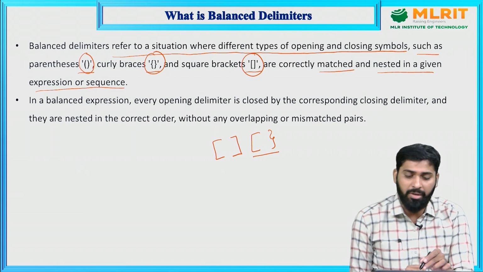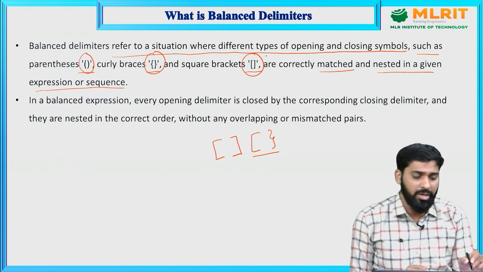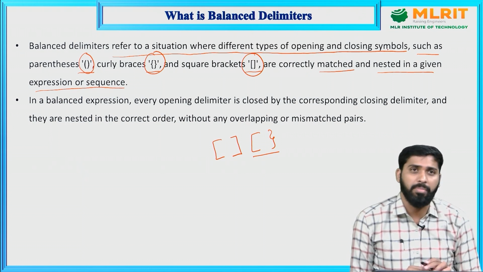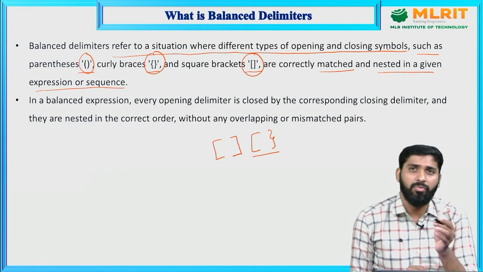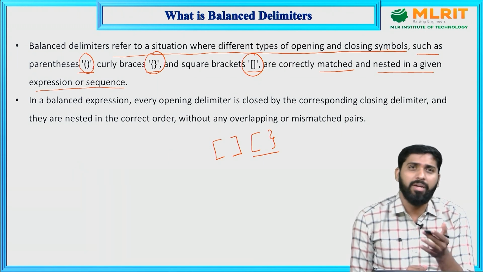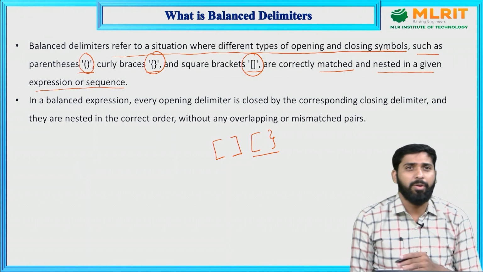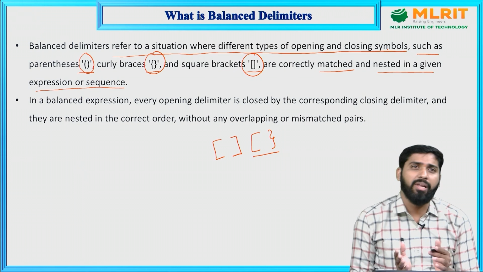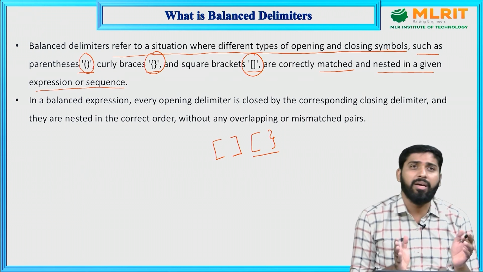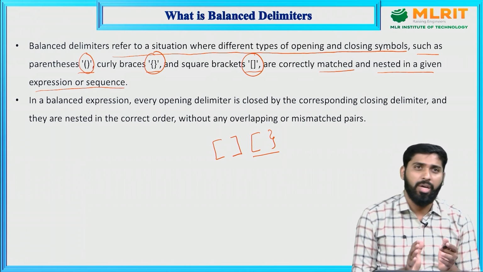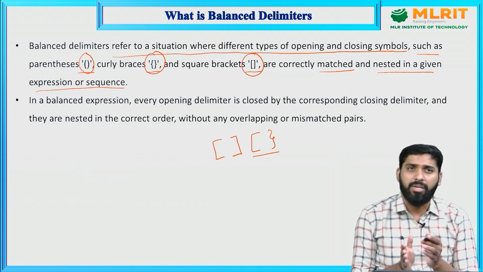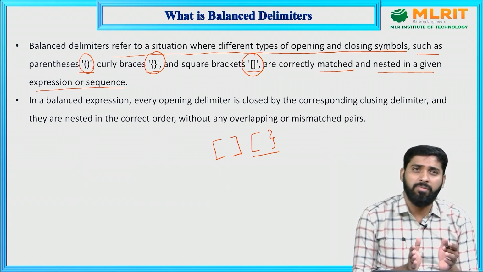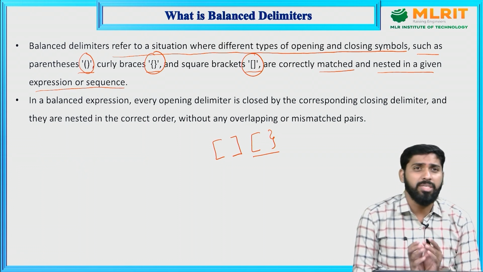Balanced delimiter refers to a situation where there are different types of opening and closing symbols. The opening symbols are the opening parenthesis, opening curly brace and opening square bracket, and the closing symbols are the closing parenthesis, closing curly brace and closing square bracket. Balanced delimiter means they are correctly matched. If you open one square bracket, we must close that expression with the same closing square bracket.